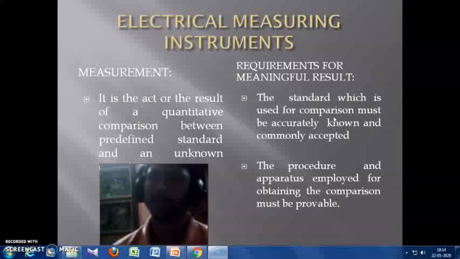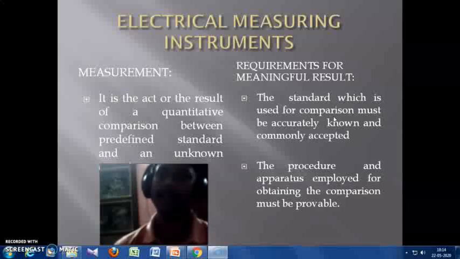Similarly, we have the secondary standard, which is compared with the primary standard and used in the laboratory. The working standard is used in the industry, and it is compared with the secondary and primary standard.